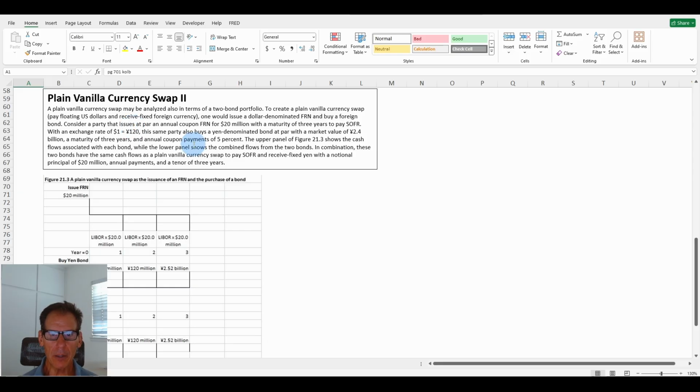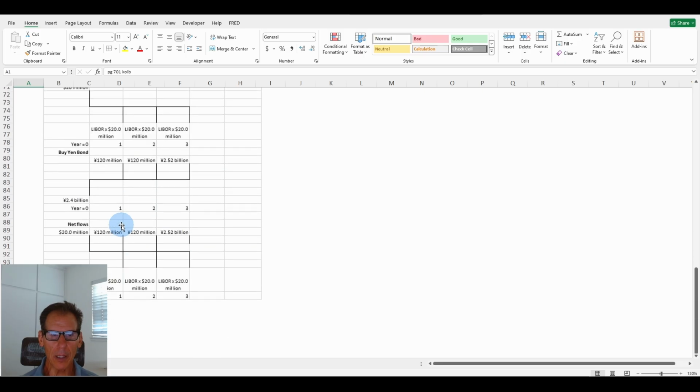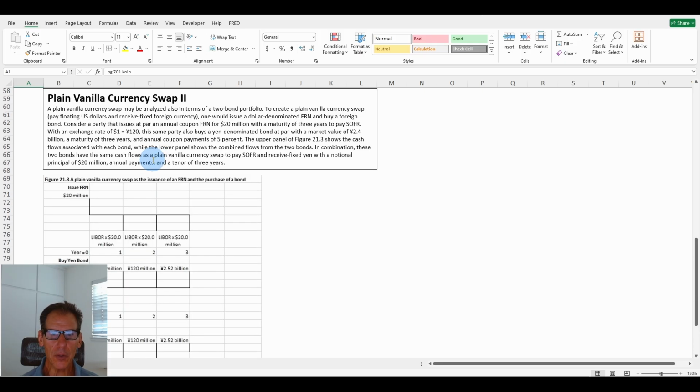The upper panel here shows the cash flows associated with each bond, while the lower panel here shows the combined flows from the 2 bonds. In combination, these 2 bonds have the same cash flow as a plain vanilla currency swap to pay SOFR and receive fixed yen with a notional principal of 20 million, annual payments, and a tenure of 3 years.